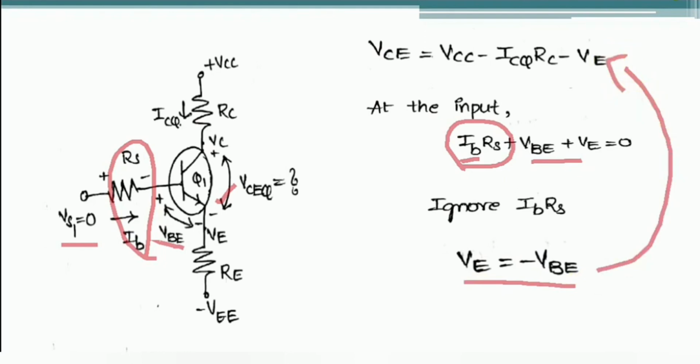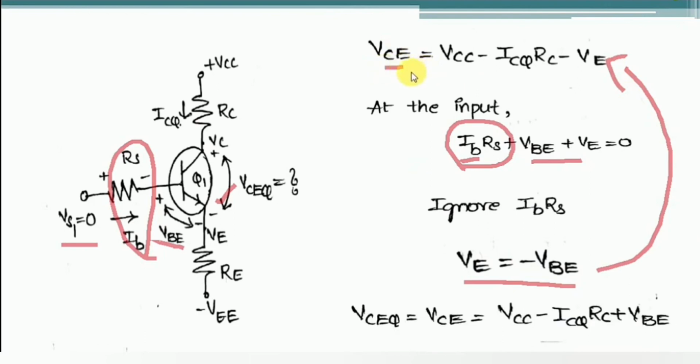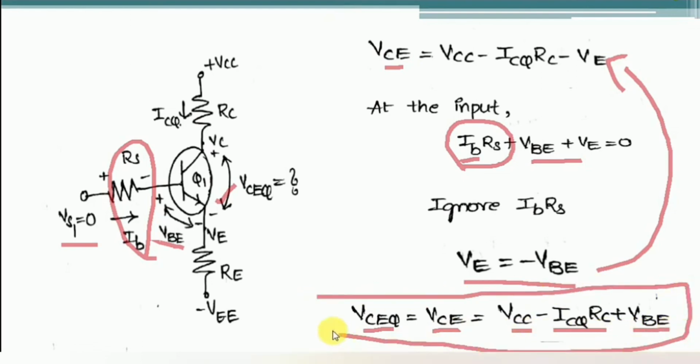We will get the final expression as VCE is nothing but the operating point. We can write it as VCEQ, which is equal to VCC minus ICQ RC plus VBE. So this is the final equation, output voltage of operating point for the transistor Q1.